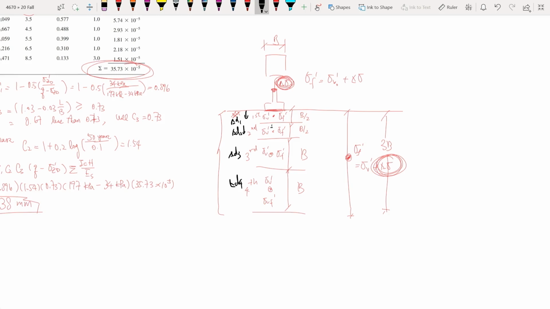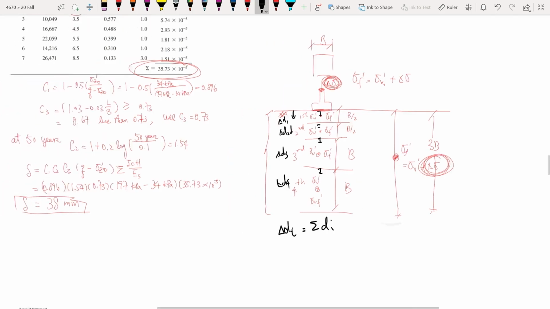So for each layer, we will know the amount of deformation. And the final settlement, the total, will be the summation of the settlements of all the layers. So the more sublayers that you have, the more accurate. So that's the suggestion for square footings.